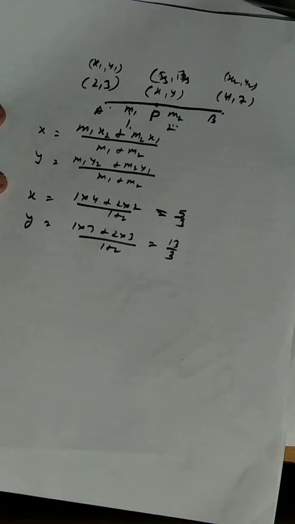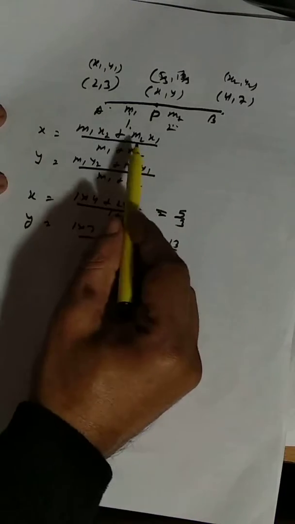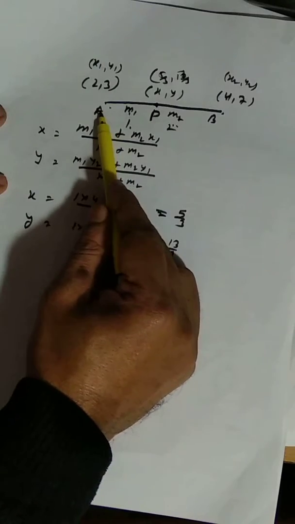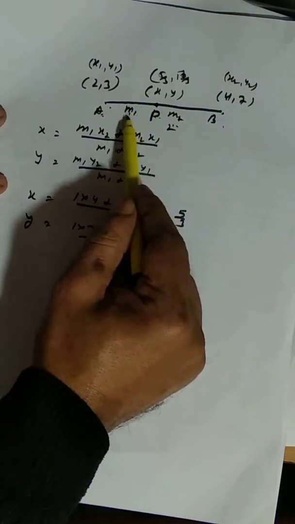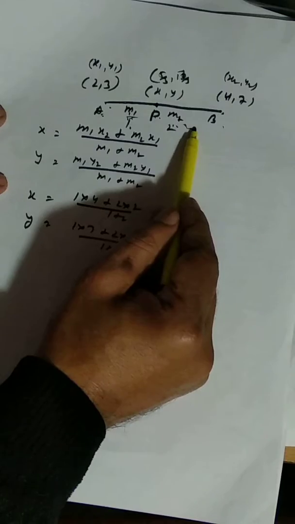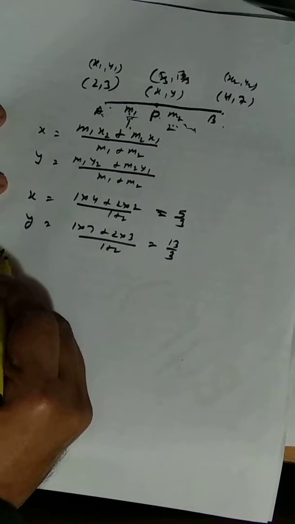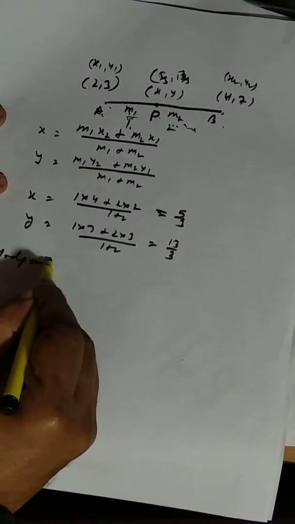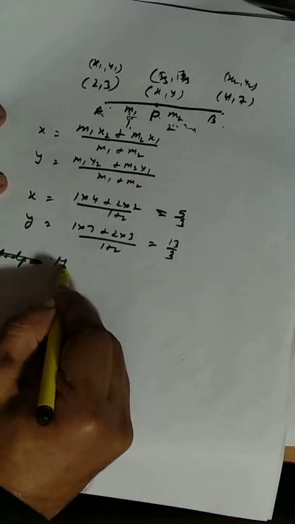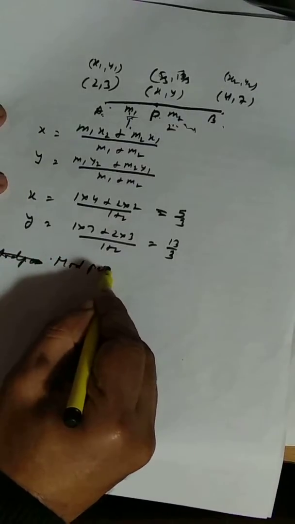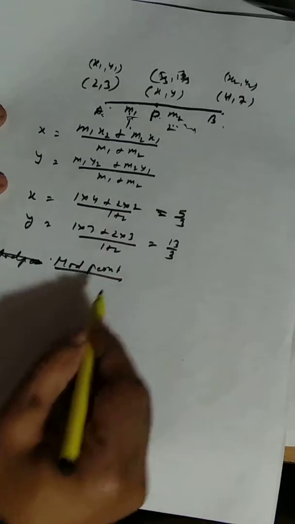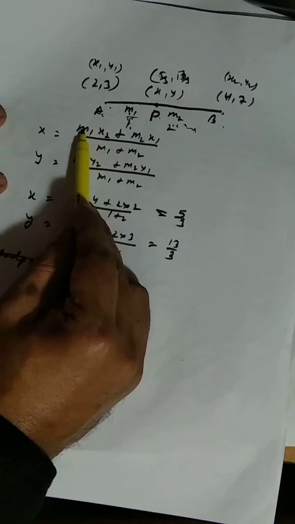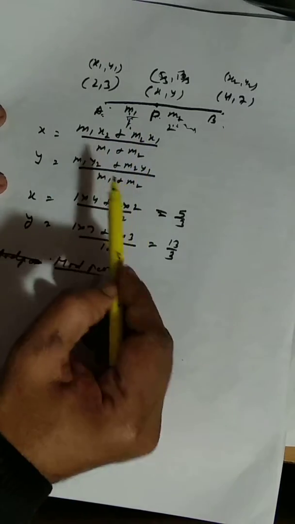Now, that is the general case. If I take a special case that P is the midpoint, then the ratio between AP and PB will be 1:1 because they are equal. So if P happens to be the midpoint of AB, because the ratio is 1:1, replace 1 for m1 and 1 for m2.